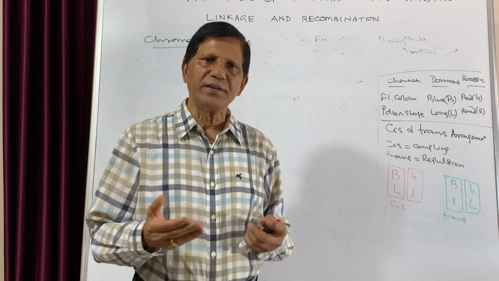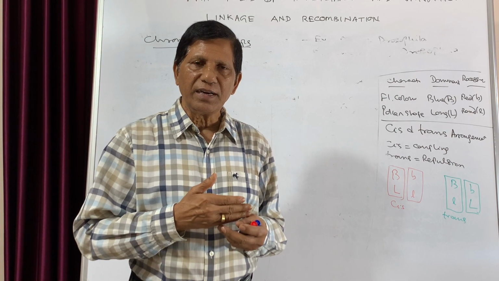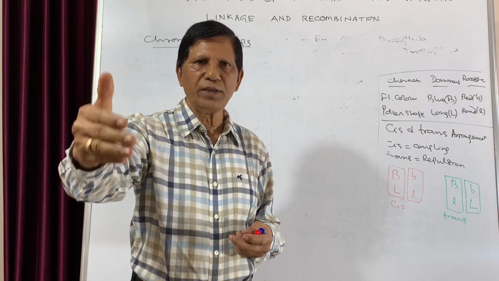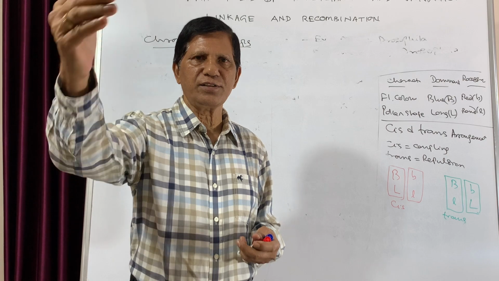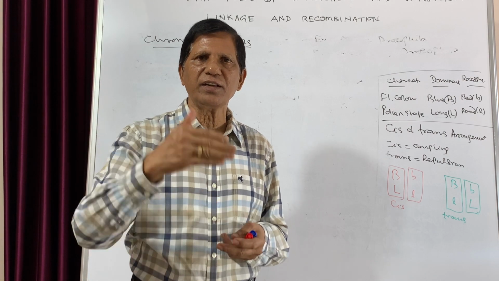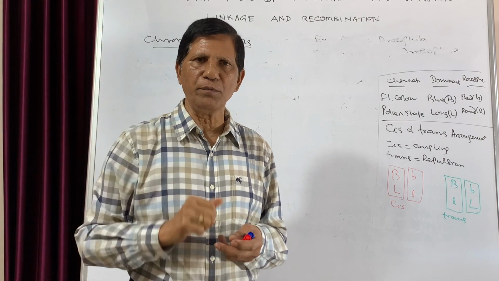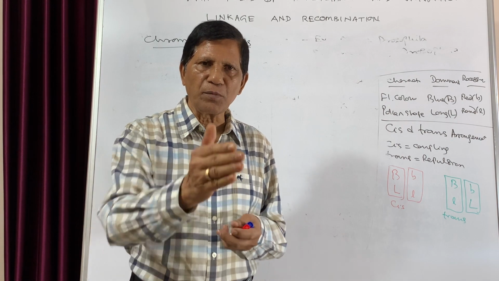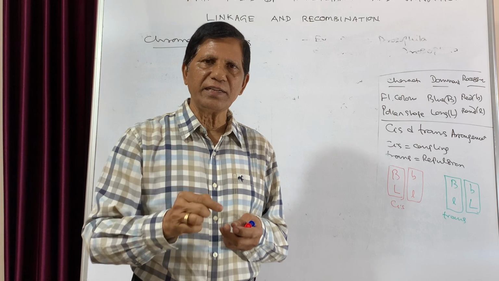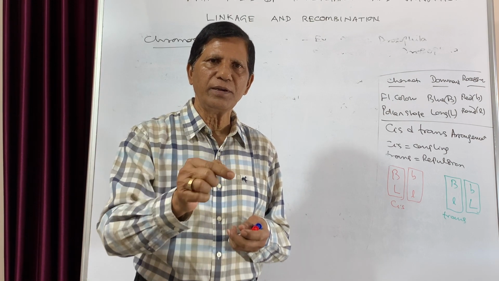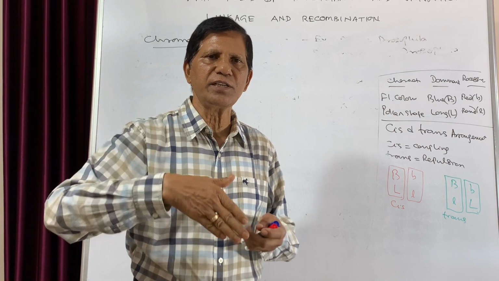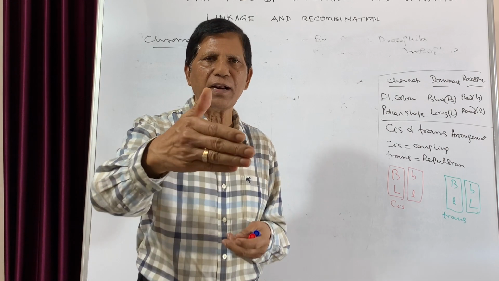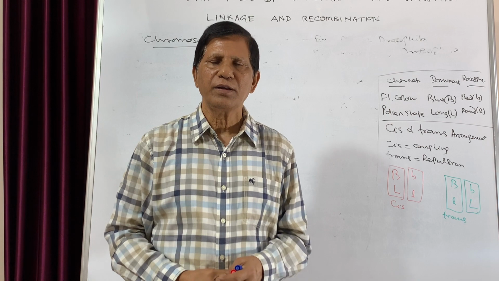We can compare it to a road map with some important stations. From this station, the other station is so many kilometers. In the same way, in a chromosome map, we can see the relative distance from A to B is this much, from B to C, C to D is this much, and the sequence of arrangement of these genes one after another. All these things can be known from this.